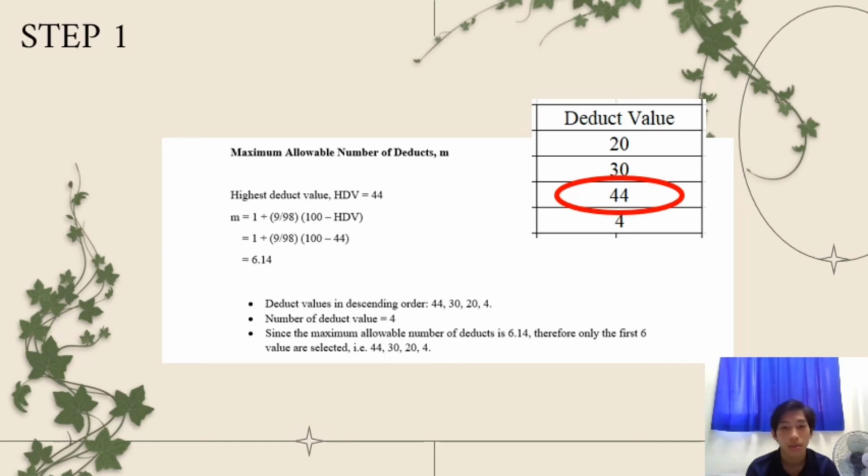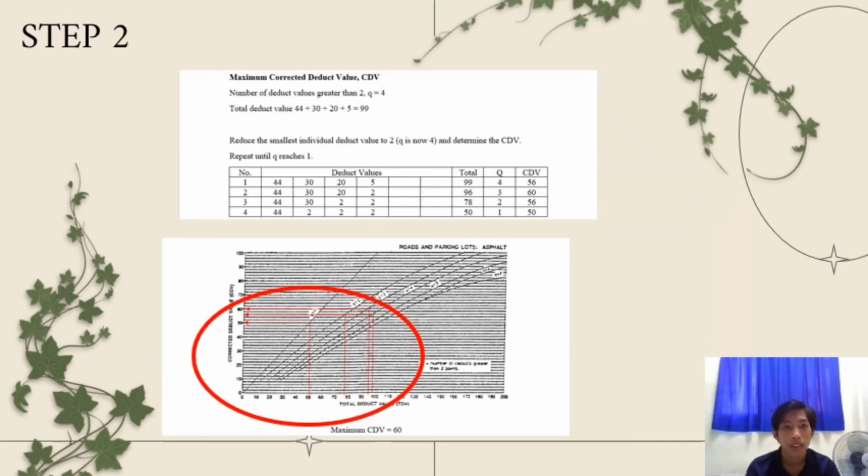Since the maximum allowable number of deducts is 6.14, we only take the first 6 values, which are 44, 30, 20 and 4. Next step, we find the maximum corrected deduct value, CDV.